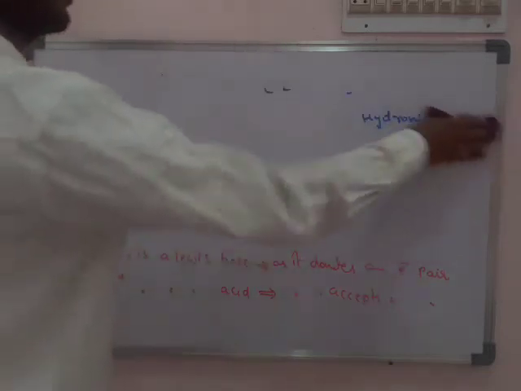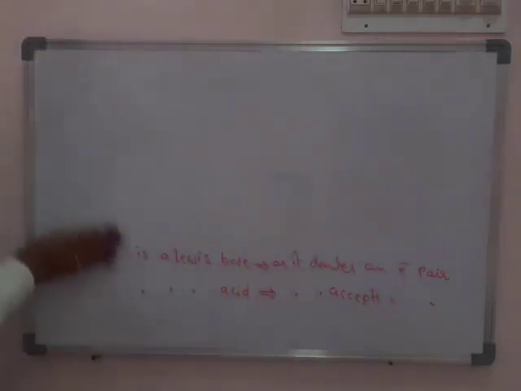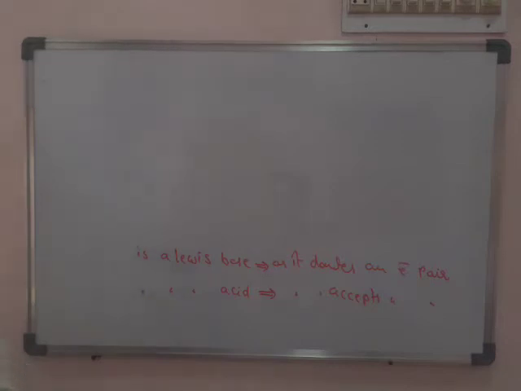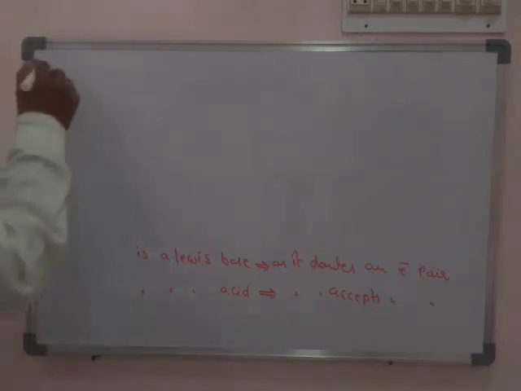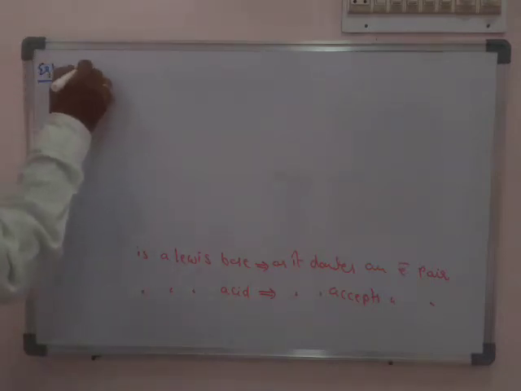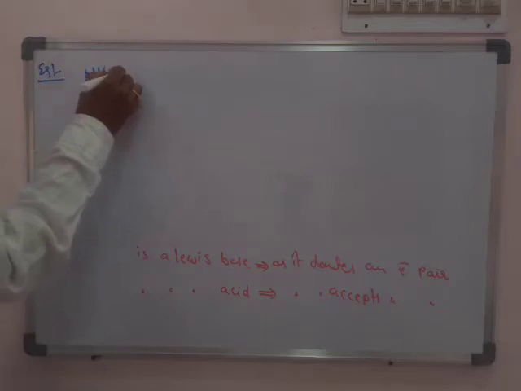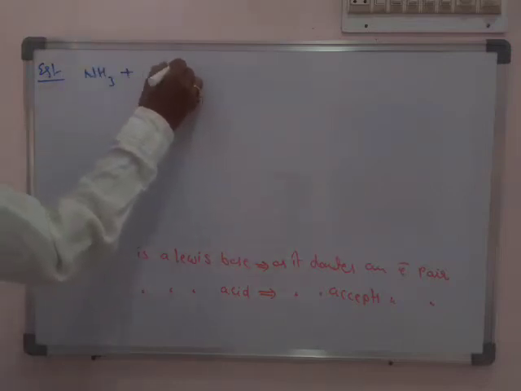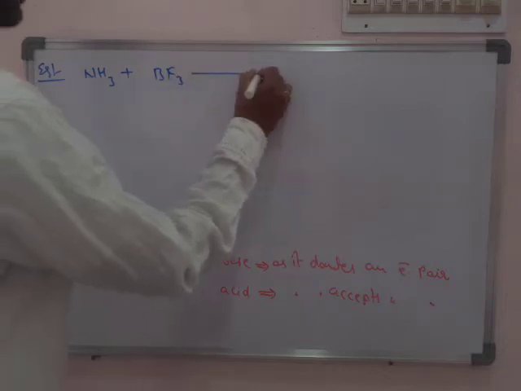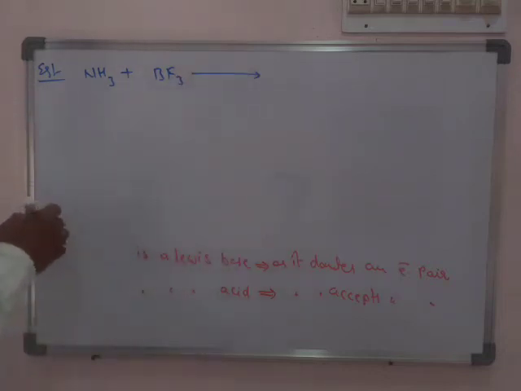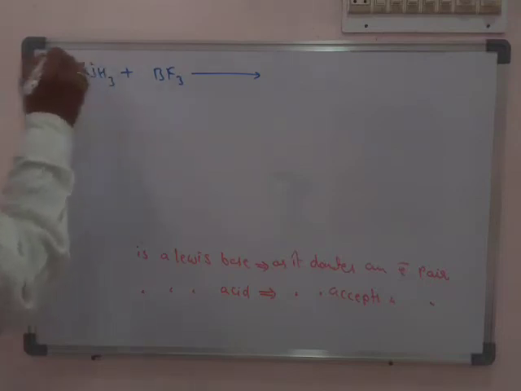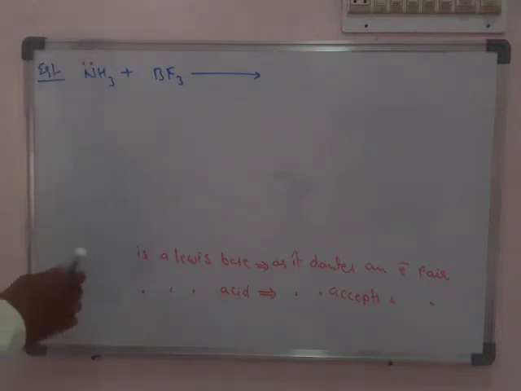Okay, see one more example. Again NH3 plus BF3, boron trifluoride. We know that nitrogen is having a lone pair of electrons. In NH3, nitrogen has a lone pair of electrons.